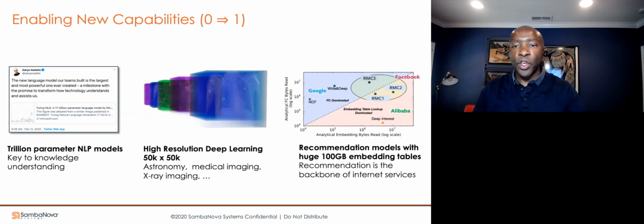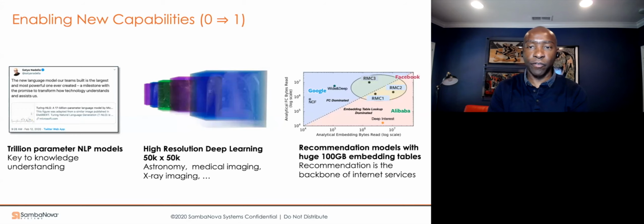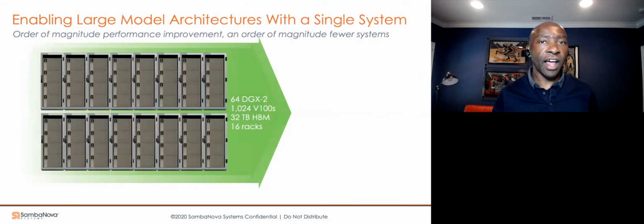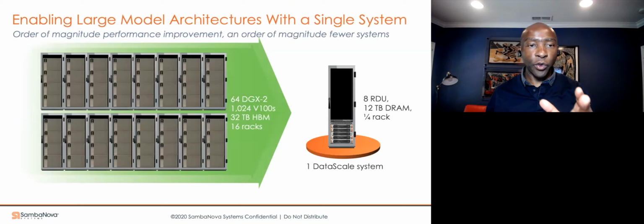And then lastly, huge recommendation models, which are the backbone to internet services, right? So Facebook, Amazon, Netflix, all of these large internet services require recommendation capabilities. So starting with the large language models, by having huge amounts of memory, 20 times the memory that you can put next to a GPU, on an RDU, you can train these huge models on a single system, right?